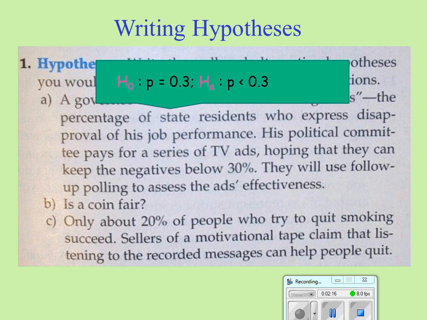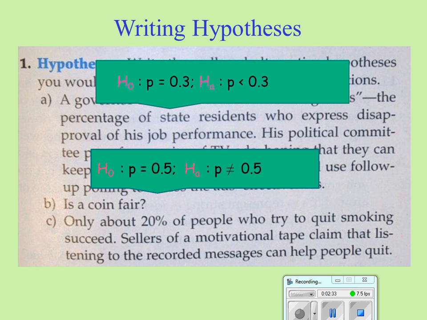And that's the whole point, to be able to figure out H sub A. Your null hypothesis is P is equal to 50%. Hopefully that makes sense to you, that it's not going to be less than or greater than, but it's actually going to be not equal. So you have heads or you don't have heads.